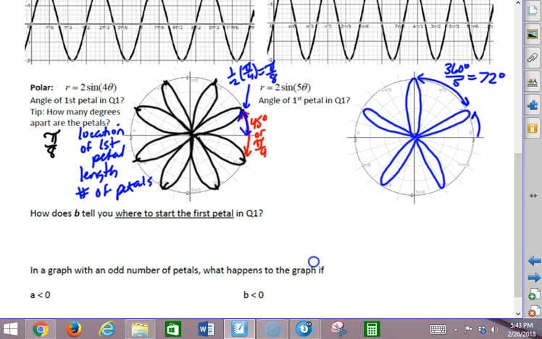So that means that this is 18 degrees, because 72 plus 18 is 90. 18 is 1/10 of 180, so it's pi over 10. So the angle of the first petal here is pi over 10.